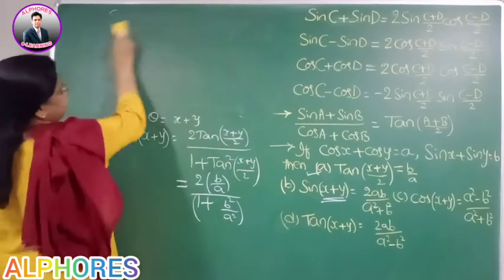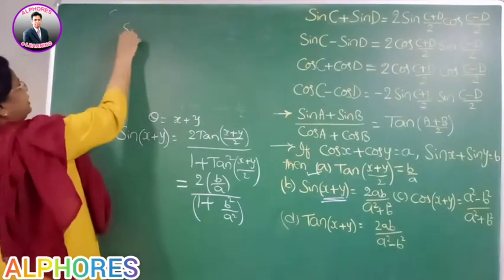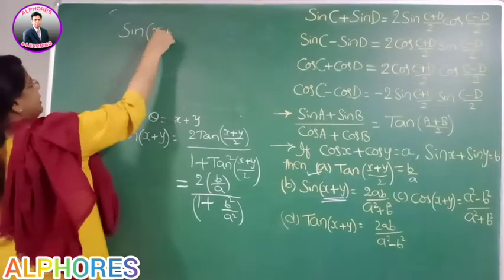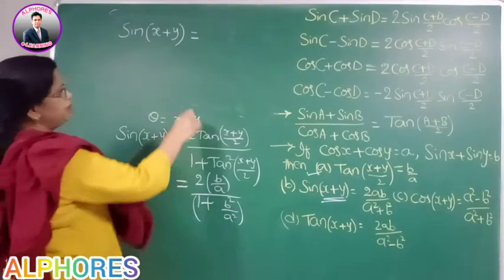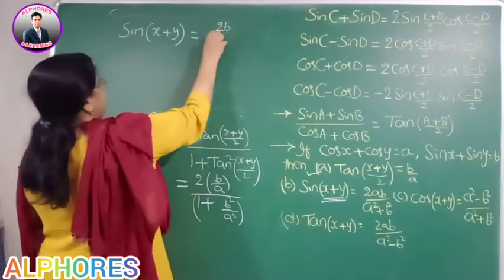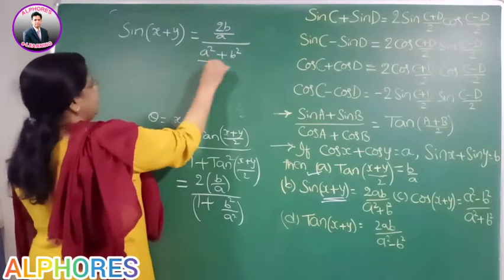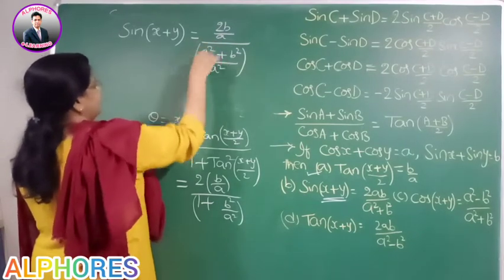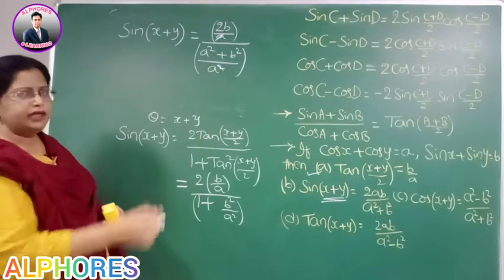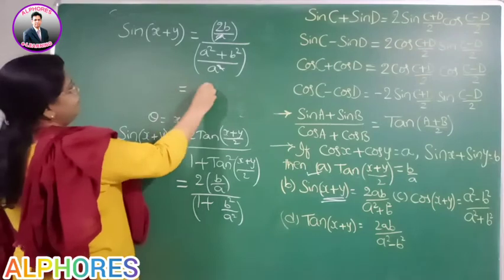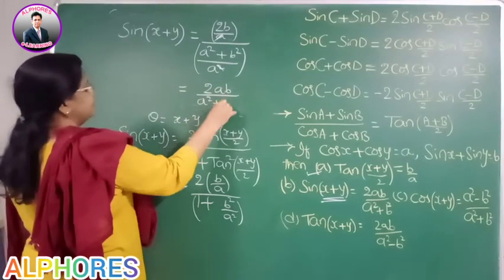The left hand side we are having sin of x plus y, and the RHS value is 2b by a, whole divided by the denominator a square plus b square divided by a square. Now this a and a get cancelled, and this a goes up, thereby it will become 2ab divided by a square plus b square.